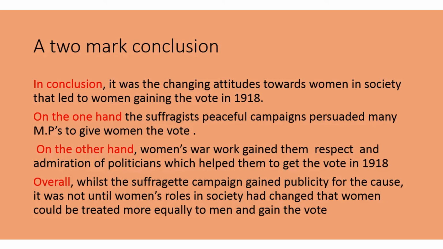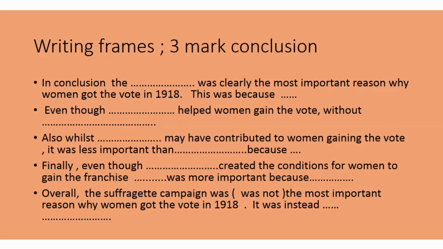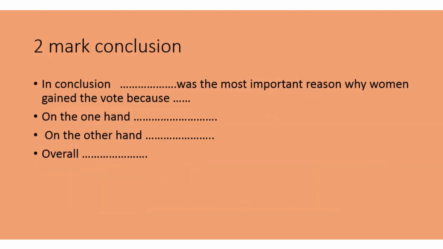And I've written these writing frames out, and these will be saved in the files on the Teams page. So there's your 3-mark conclusion. That one there is the harder one, where you're making the relative judgments. And then the second one here is your 2-mark conclusion.